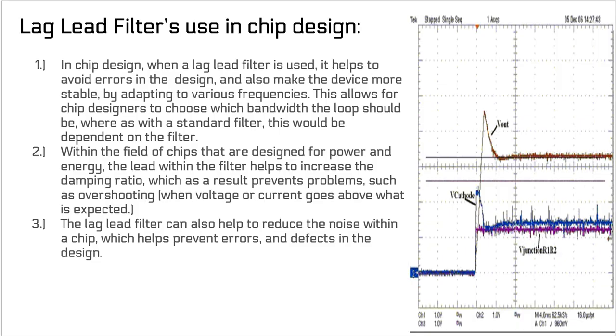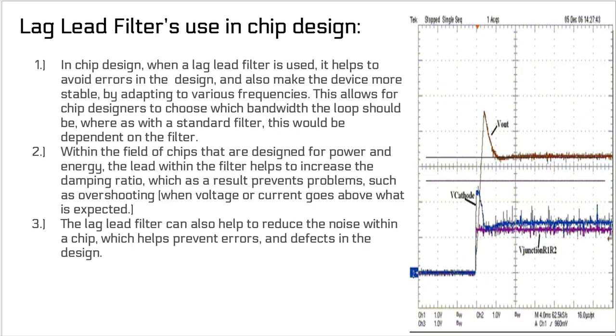And the third thing I will discuss is that the lag lead filter can also help reduce noise in chips. If you check one of my previous videos, I discussed why noise is a problem in chip design. Essentially, it's a problem because you can't always tell if the noise is because there's a defect in the chip, or maybe it's just normal noise within the chip.